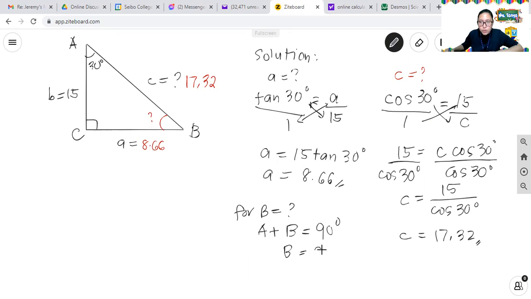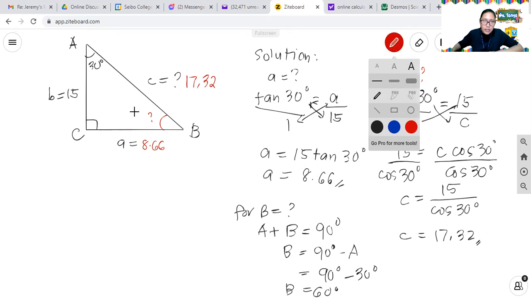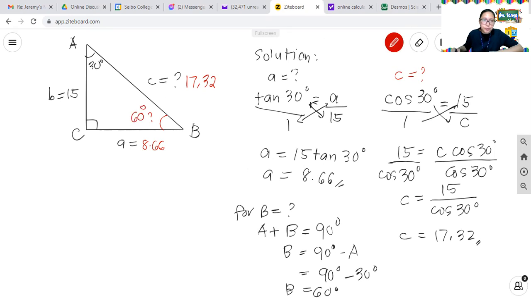Hence, B is equal to 90 degrees minus A, and then B is 90 degrees minus 30, and that would give us 60 degrees. Now we can see that the triangle is solved.